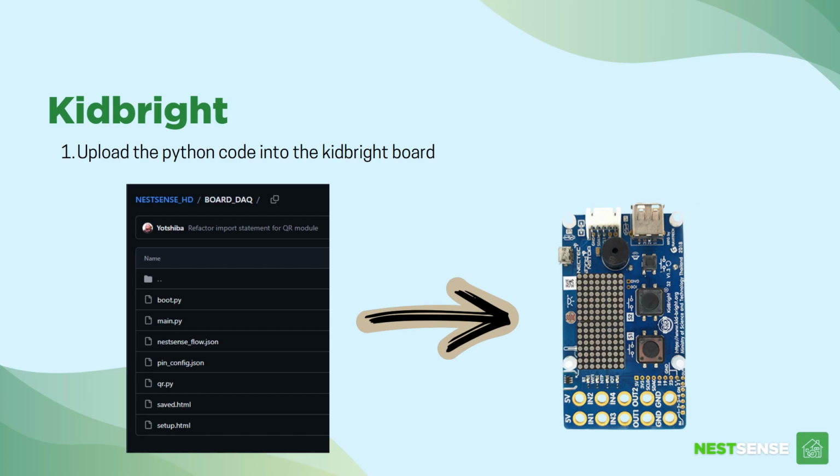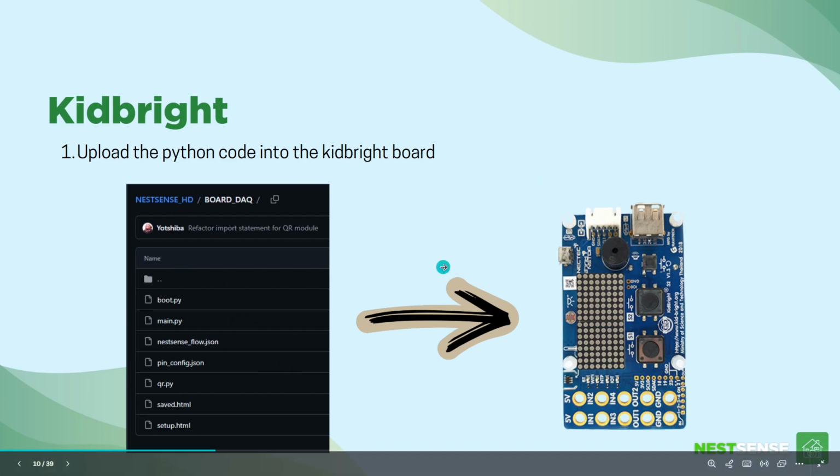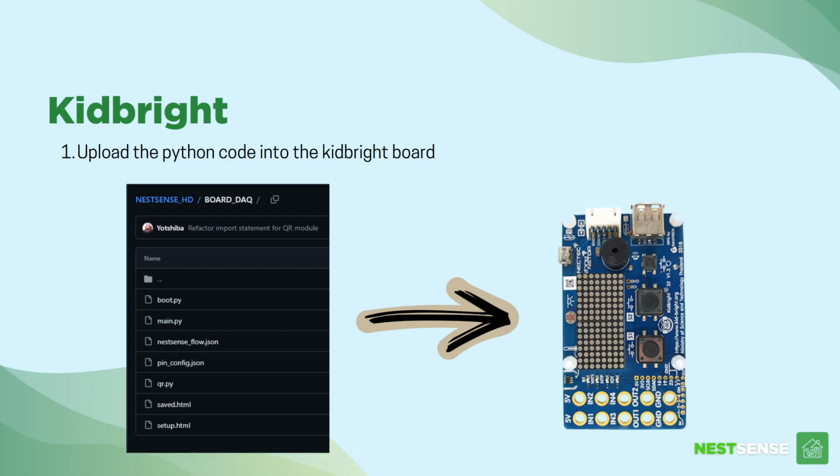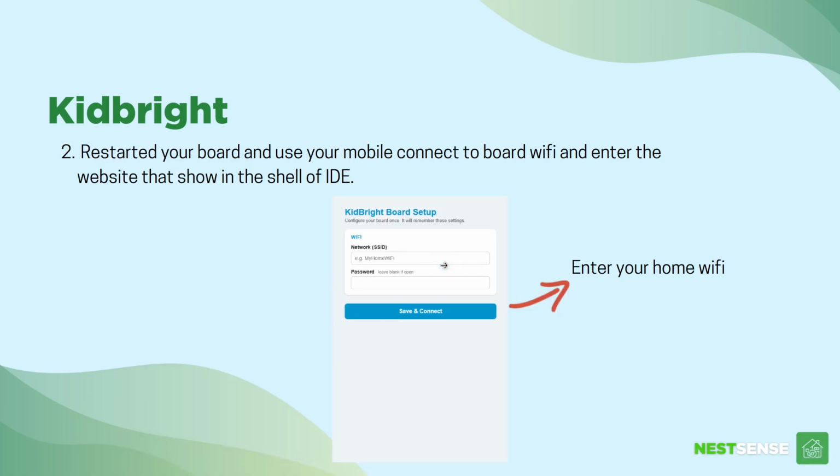Firstly, when you open your Kitbright, you have to download the code into your Kitbright, and then restart your board. After you restart, your IDE shell is going to show the IP link of the website that you need to go to for configuration.